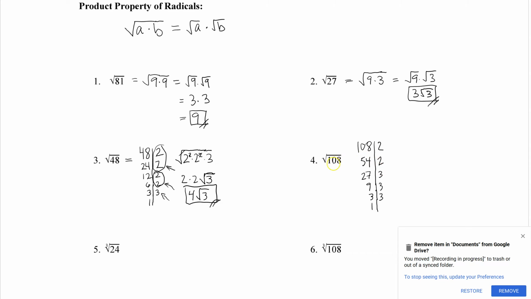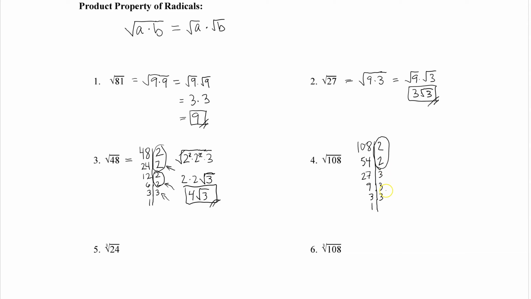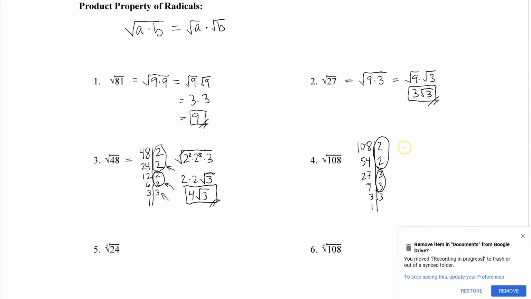So again, we're going to circle pairs. And we've got a pair of 2s, and we've got a pair of 3s. And so we can write this as the square root of 2 squared times 3 squared times 3.